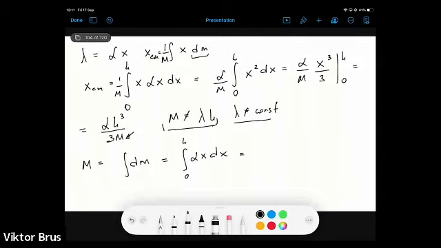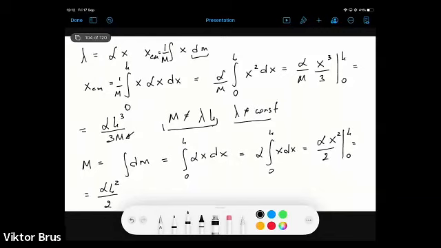And alpha is a constant. Then we have integral of x dx from 0 to L. So here we have alpha times x squared over 2 from 0 to L. And this is equal to alpha L squared divided by 2.